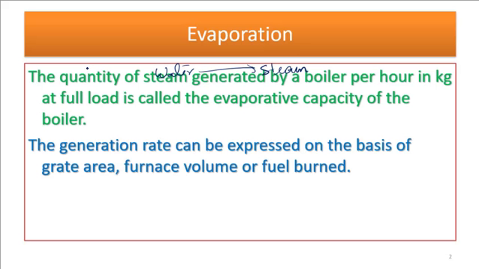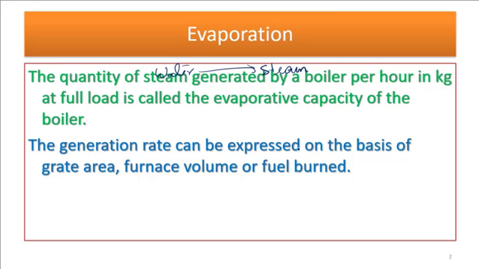The rate of evaporation depends on the rate of heat transfer from the furnace or combustion chamber to the water inside the boiler. The amount of heat generated inside the furnace depends on the grate area, furnace volume, and amount of fuel burned. Therefore, the rate of steam generated depends on all these factors.